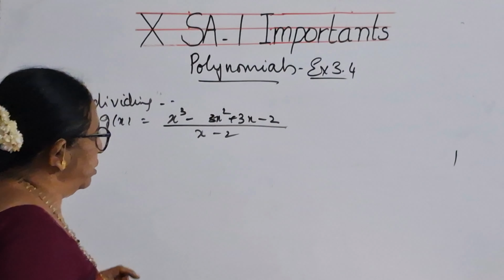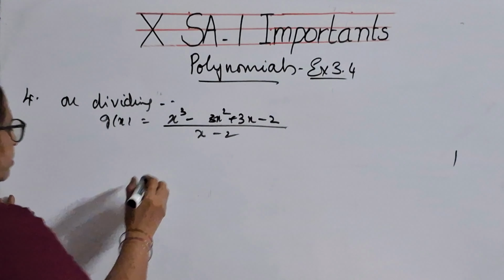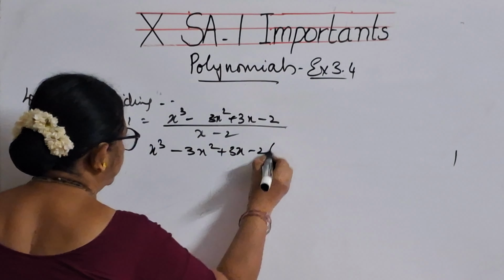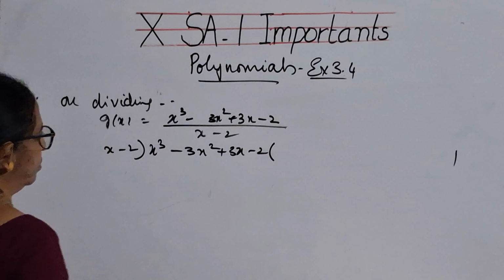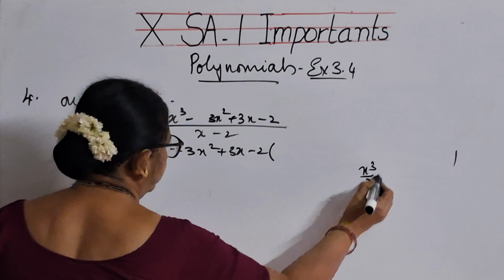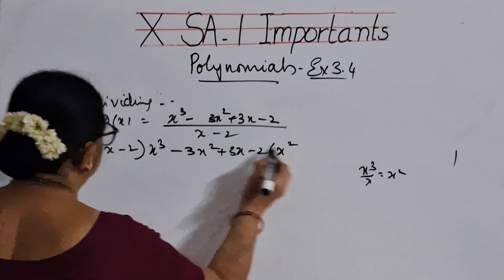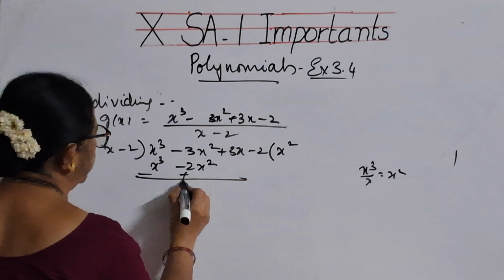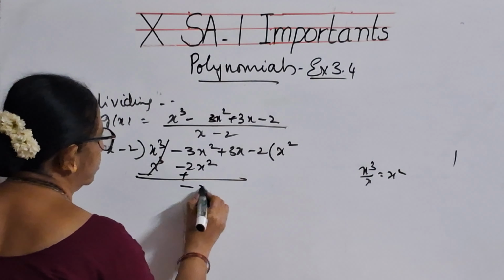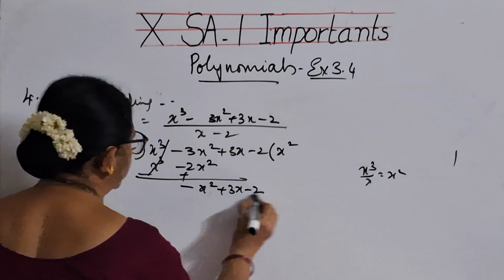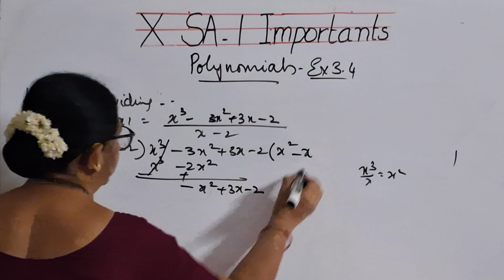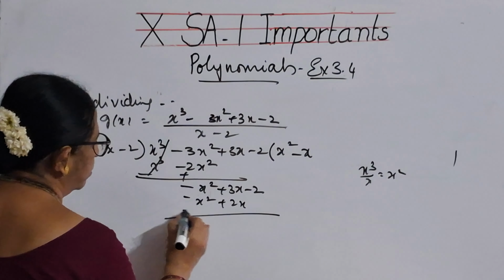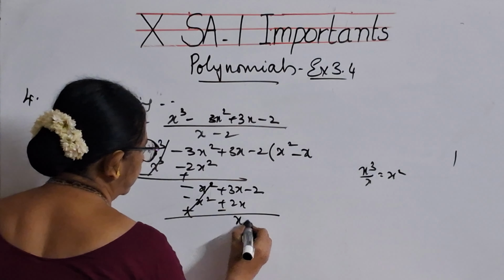So x cube minus 3x square plus 3x minus 2 divided by x minus 2. x cube by x is x square. So take x square into x minus 2, giving x cube minus 2x square. Subtracting, you are getting minus x square plus 3x minus 2. Here you will be getting minus x, so minus x square plus 2x. Subtracting, you are getting x minus 2.